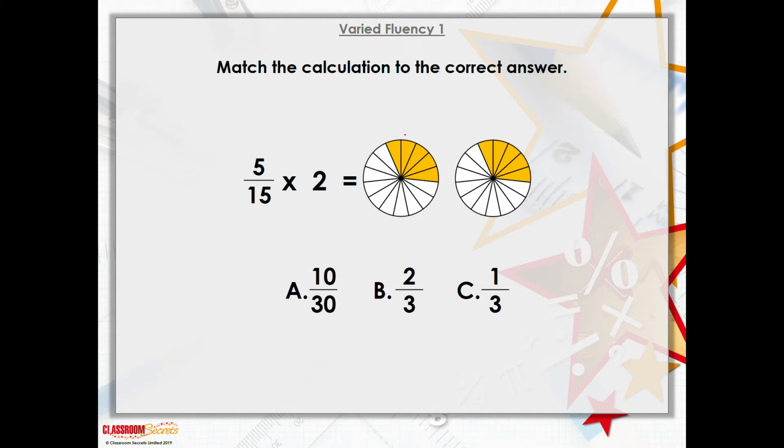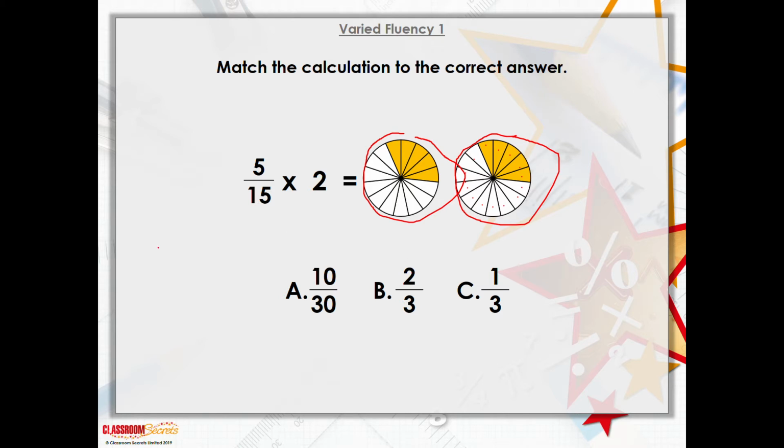So first of all, I'm going to look at my image and notice each of my wholes here, and you can count them up, have been divided into 1, 2, 3, 4, 5, 6, 7, 8, 9, 10, 11, 12, 13, 14, 15 equal parts. And shaded in has been 5 of those 15 parts. So it's 5/15 multiplied by 2.